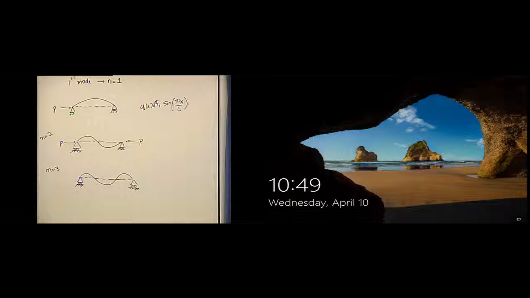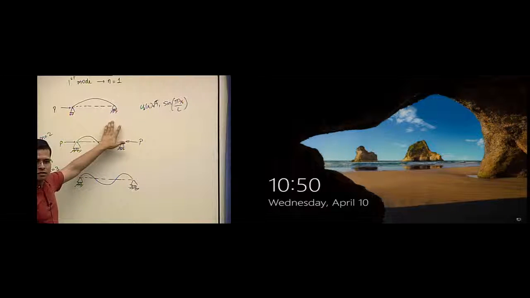So you can say that, let's say my mode is the second mode, then the critical load which is required to buckle in this mode is going to be 2 square pi square EI over L square, meaning 4 pi square EI over L square. But think about this. If this beam is going to buckle, it's going to buckle in the first mode first.